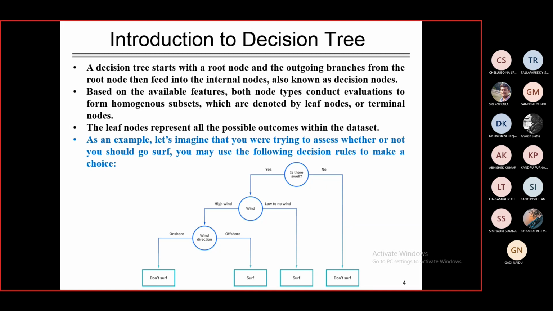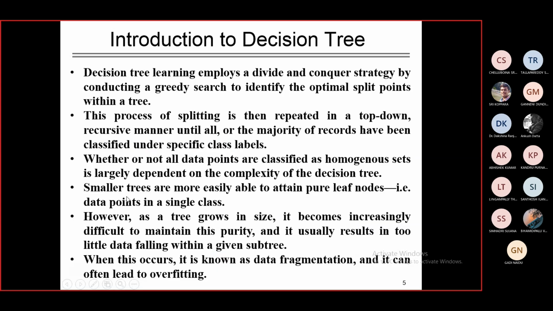Okay. So we can solve binary classification problems as well as multi-class classification problems, but in most cases we use the decision tree for binary classification problems. Now, decision trees use the divide and conquer strategy by conducting a greedy search.